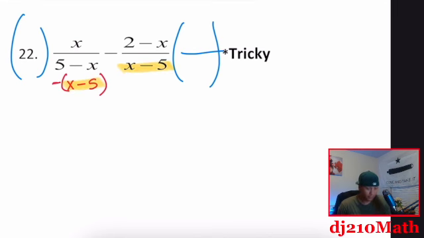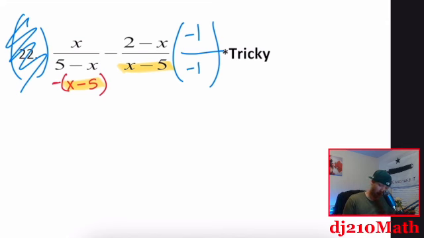All that one side is missing is a negative, and I factored out the negative in the denominator. So this is going to be negative 1, I'm multiplying it by a negative 1, which means this side doesn't get multiplied by anything.